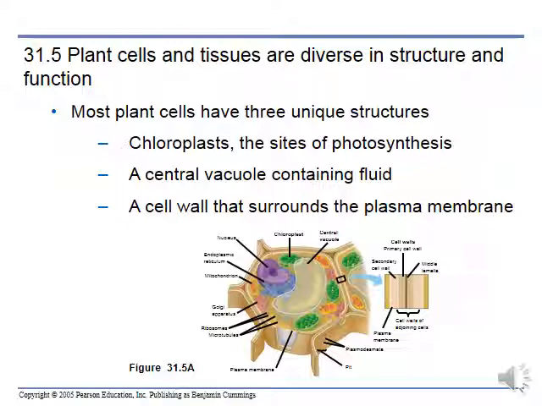Occasionally we get one that doesn't even have a nucleus, so they'll do different things, but the average one will have chloroplasts for photosynthesis, the central vacuole containing fluid, and remember that helps with the turgor, the pressure pushing against the cell wall and giving that plant structure. And most of them will have a cell wall that surrounds the plasma membrane, and some of them even have a secondary cell wall.